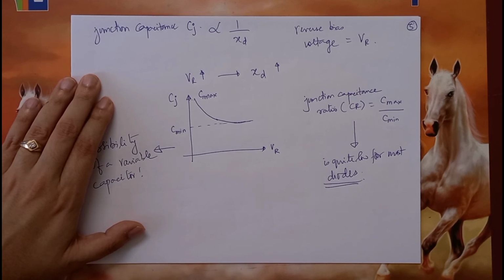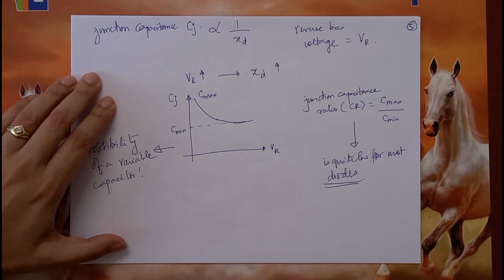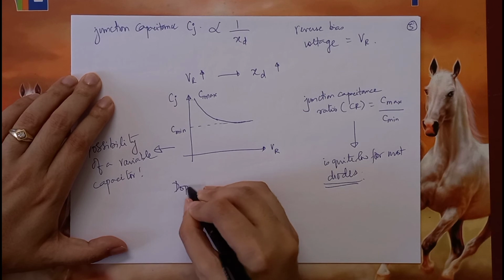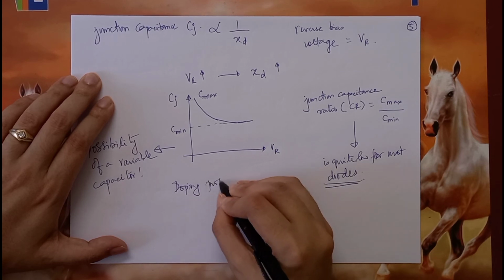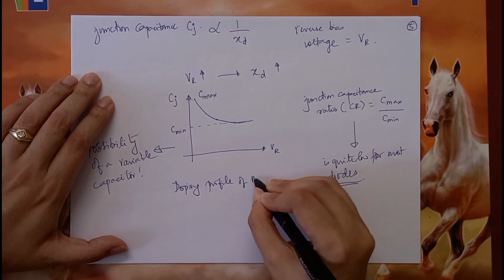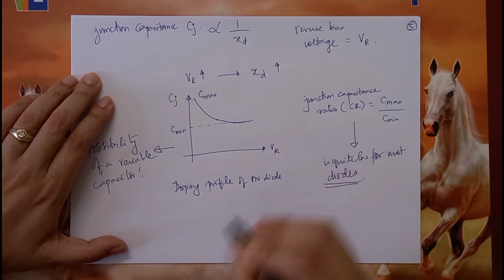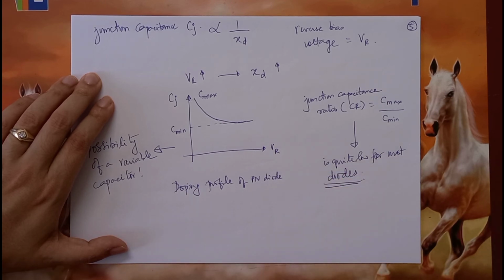Why is it low? It is low because of the doping profile. A doping profile means, with respect to the distance, what is the doping concentration?